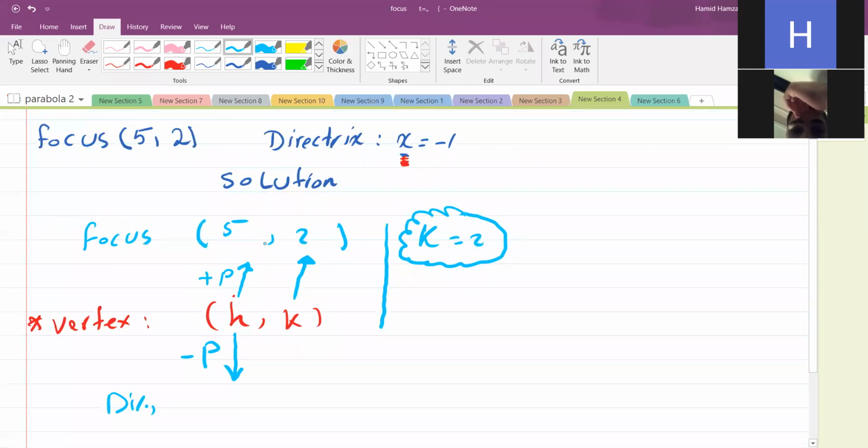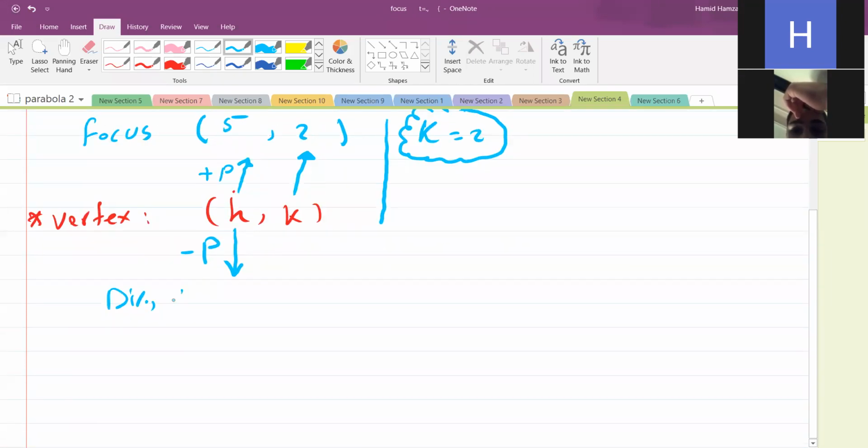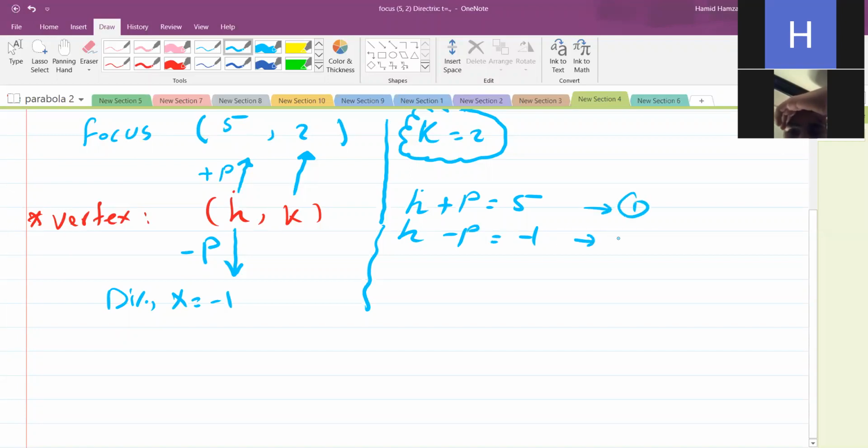The directrix here is x equals negative 1. So H plus B equals 5, and H minus B equals negative 1. This is the first equation and this is the second equation. Let's solve them by adding, like we did in the previous one. Add them.